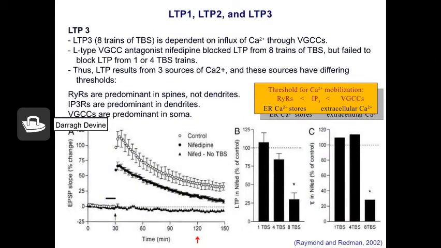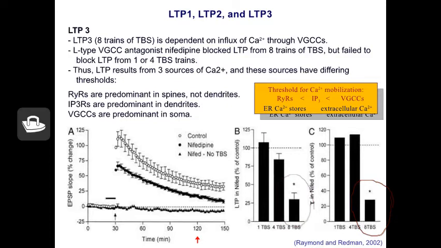Next, Raymond and Redman challenged LTP3, or 8 trains of stimulation, with the voltage-gated calcium channel antagonist, nifedipine. In these strongly stimulated slices, nifedipine decreased the potentiation for slices stimulated with 8 trains of theta burst stimulation, shown in the graph on the left, and decreased the magnitude and the time constant, or duration, of the potentiation for LTP3, shown in the bar graphs on the right.